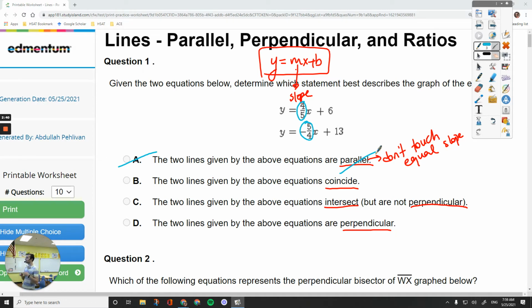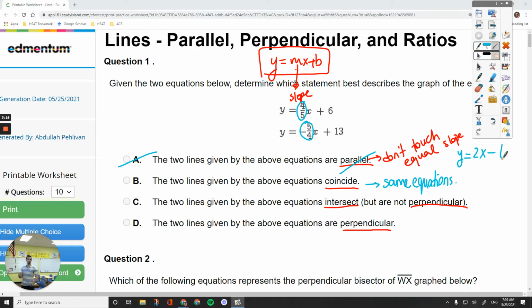The second option is they coincide. What that means is the equations are the same. When you have identical equations, it's idiot proof. Everyone is going to see that they're the same, right? The other option is when one of the equations is multiplied by a number. Here's an example. y equals 2x minus 1.